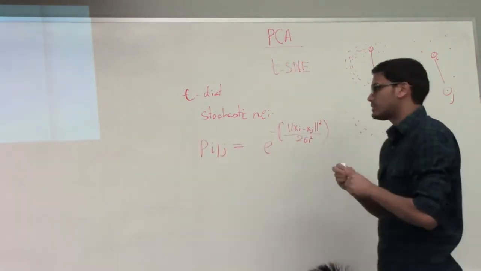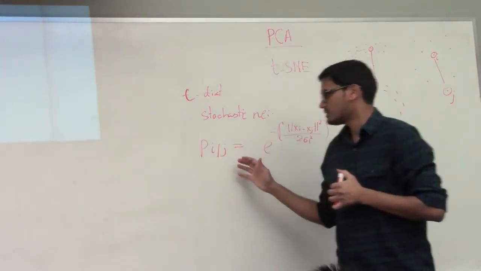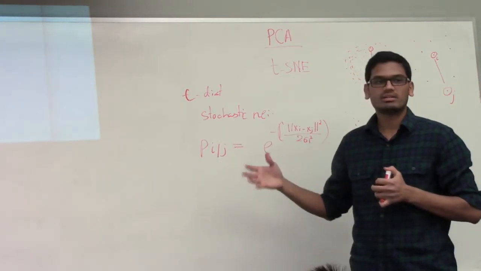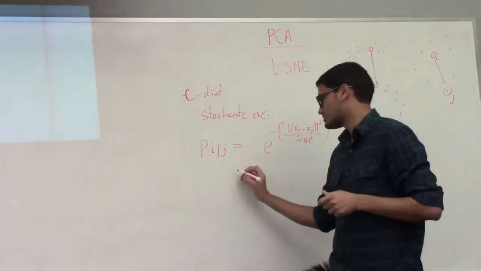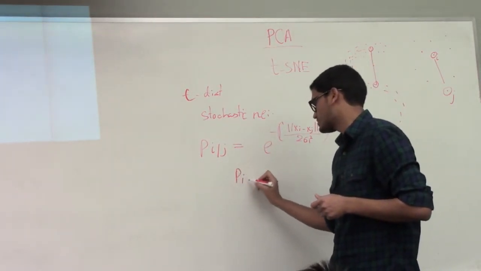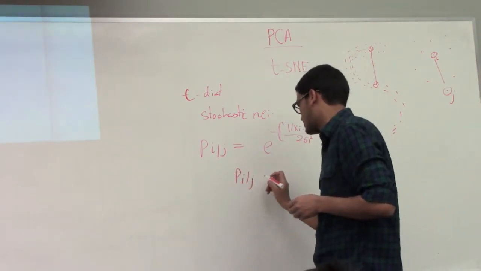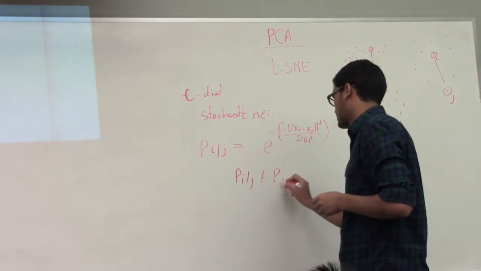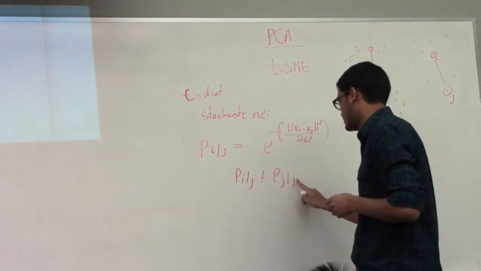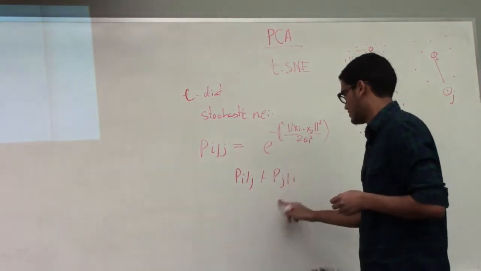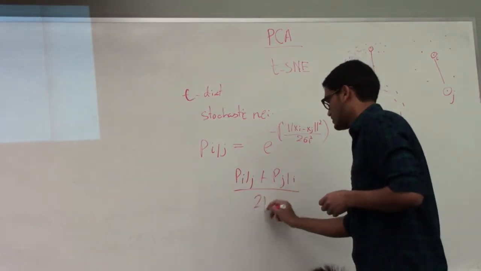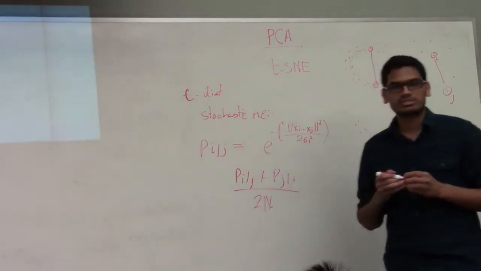So, in order to make the distance symmetric, what they do is a hack in which they take the similarity as the average of the conditional probabilities. Sorry, this is I. Capital N is the number of points.